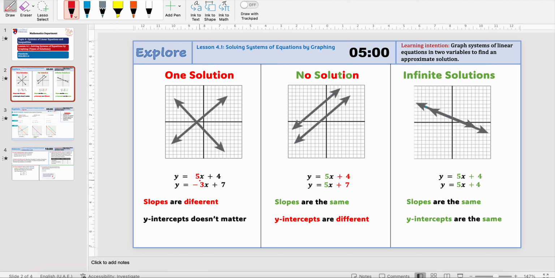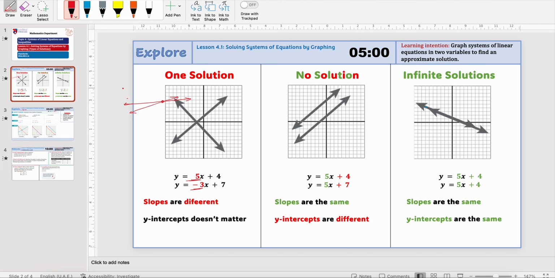We can always see that the slopes of the two lines are different, and it makes sense because the two lines are intersecting. They have to have different slopes. Suppose this is the first line; the second line should not be going in the same direction, it should have a different slope so that they will meet at some point, as you can see here.